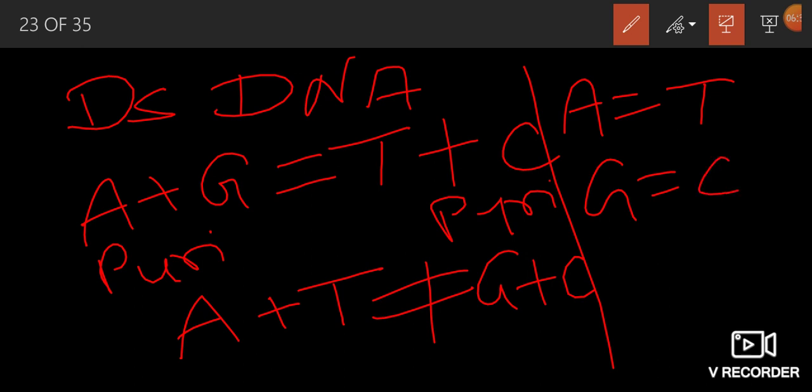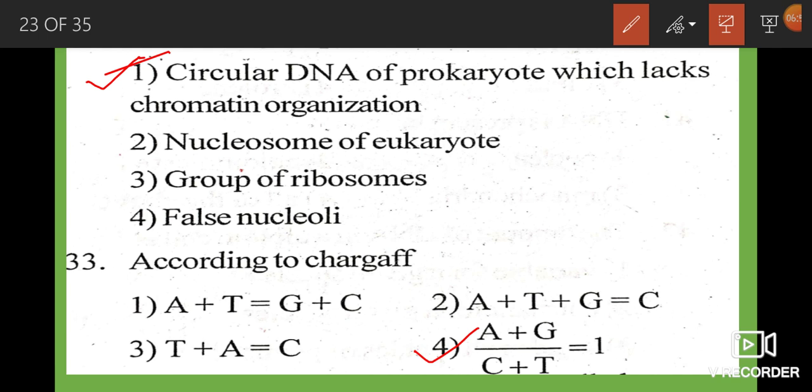This formula is applicable only for double stranded DNA. Very important. So the right option for 33 is the fourth one.